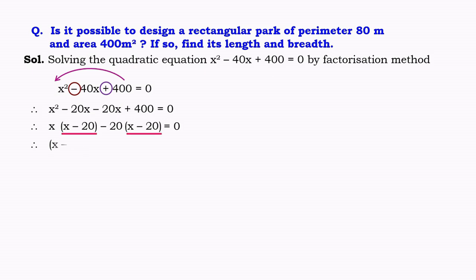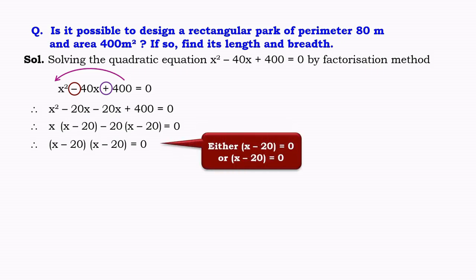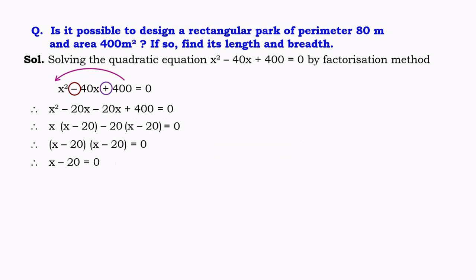Taking the quantity x minus 20 as the common factor, we get the quantity x minus 20 multiplied by the quantity x minus 20 equals 0. Since the product of two factors is 0, at least one factor must be 0. Therefore, x minus 20 equals 0.